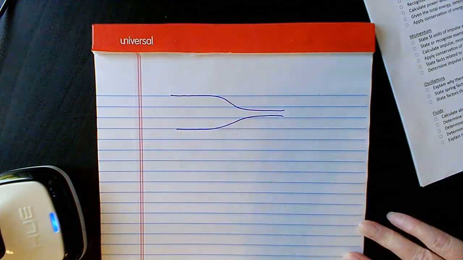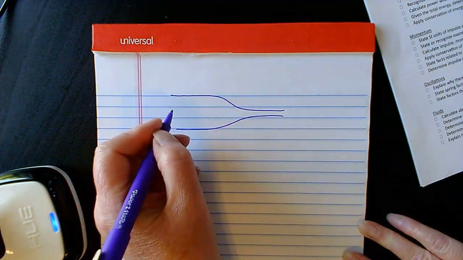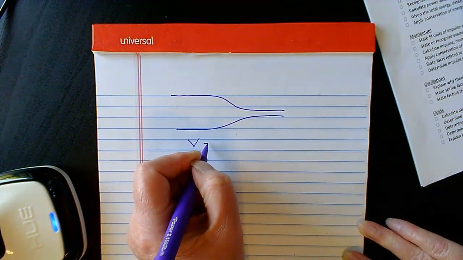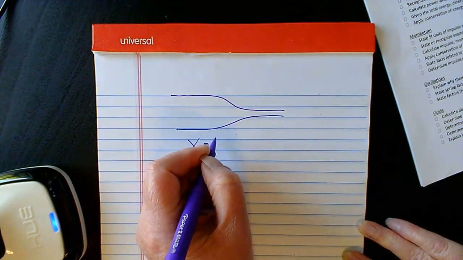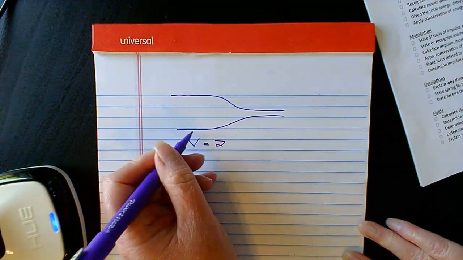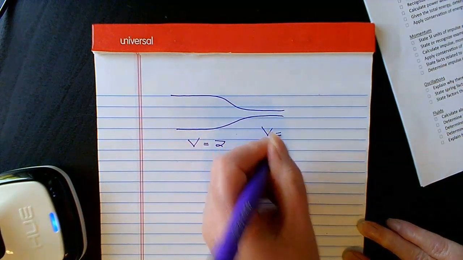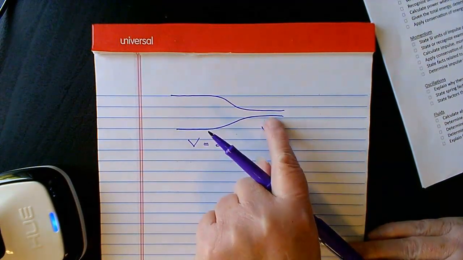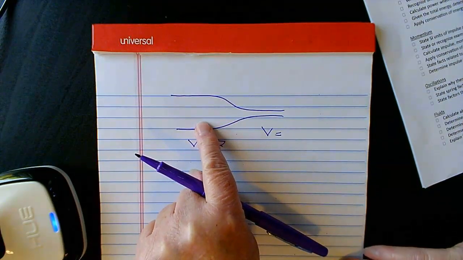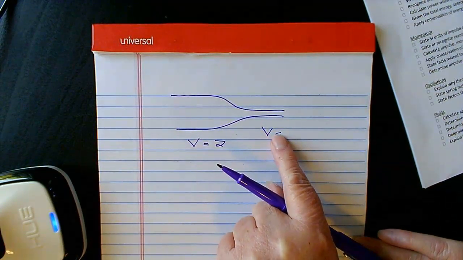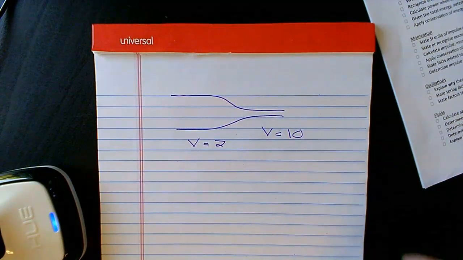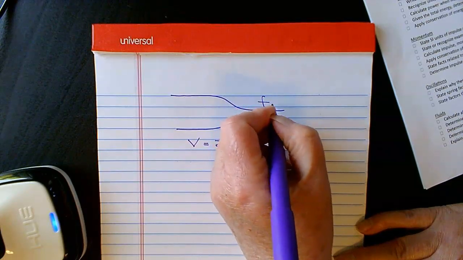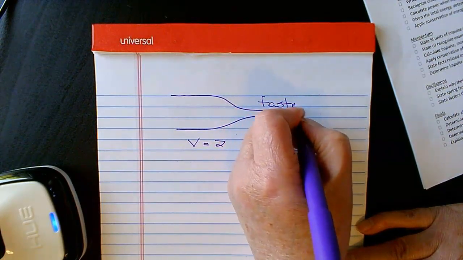So all you need to know or memorize is that the water velocity here, I'm just going to make up a number, could be 2. But when something narrows, the same amount of water has to pass through the narrow spot that passed through the fat spot. So the velocity has to increase. So maybe the velocity now is 10. I'm just making up numbers, but the velocity here is always faster in the narrow section.